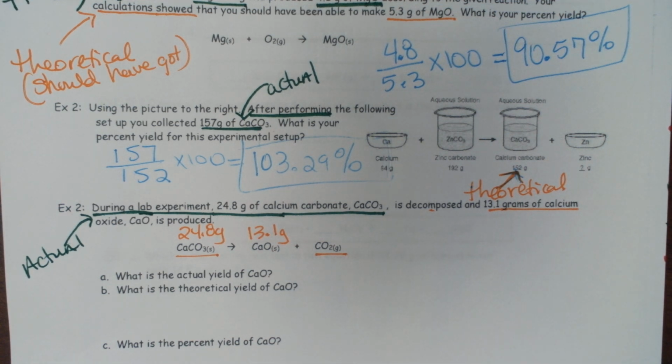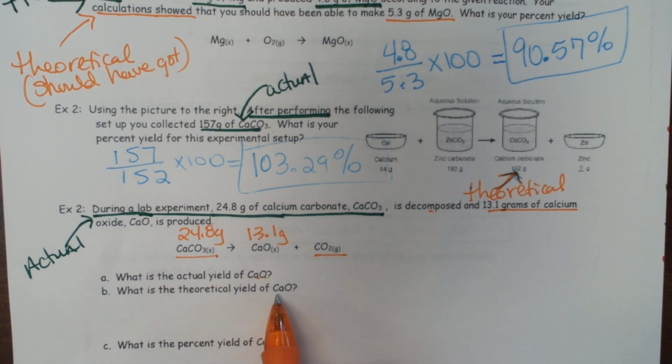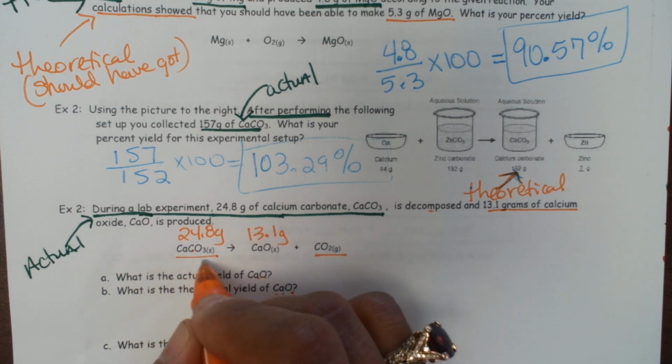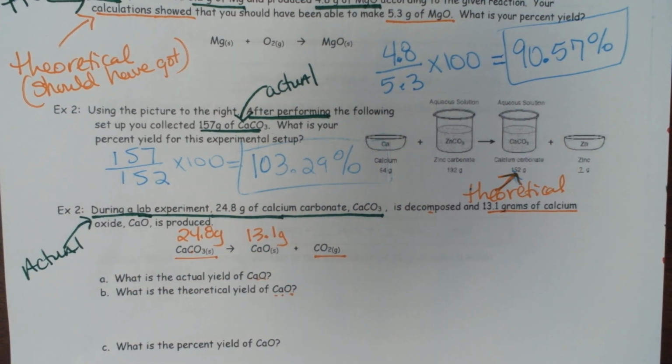Thank goodness. Question says, what is the actual yield? What is the theoretical yield? But wait a minute. It is CaO, CaO. They're not even looking at this number, CaCO3. Does that make sense? Okay, I just want to make sure. So the 24.8 is CaCO3, but this is CaO, CaO, CaO.